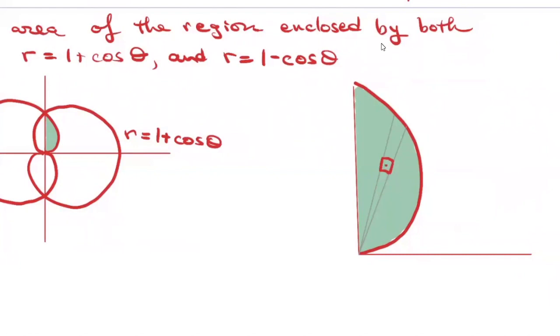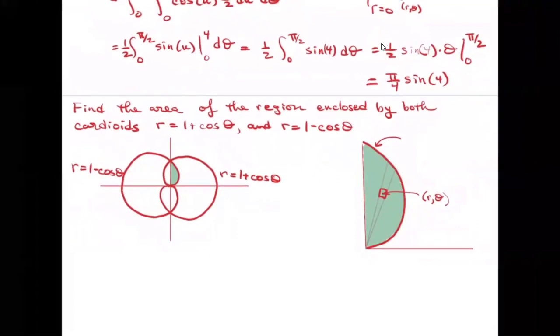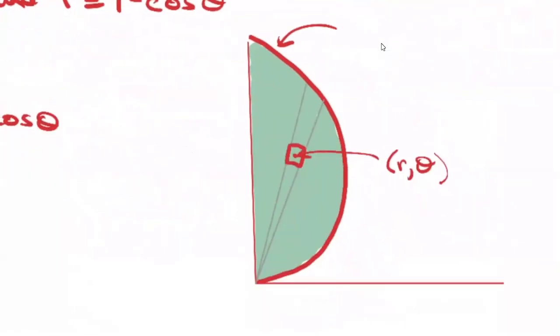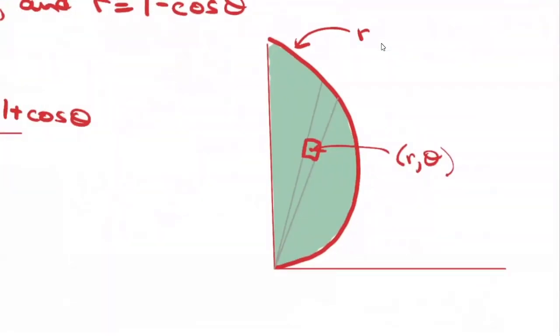The point in the middle is, as before, that point is r theta. Okay. And the curve here is not the one on the right, it's the one on the left. It's 1 minus cos theta. Not 2 theta, just cos theta, my apologies. Okay.